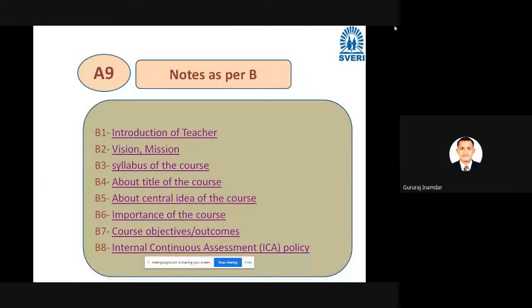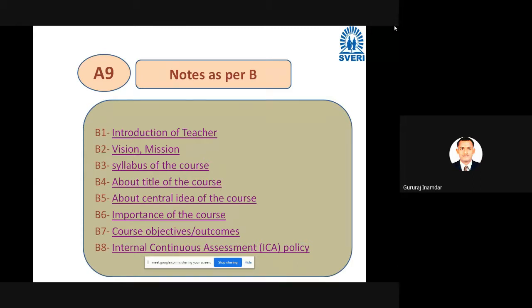Now, the syllabus of the course. This is very important. Whenever you see the syllabus of this subject, the interest of students and everyone depends on that syllabus: how we have to study, which syllabus, which topics.